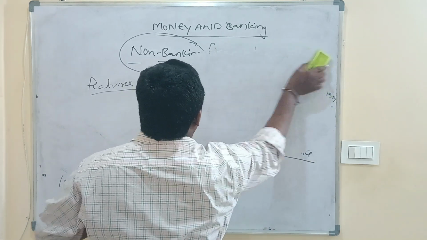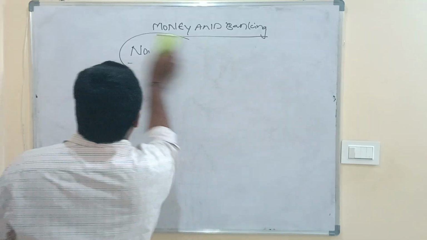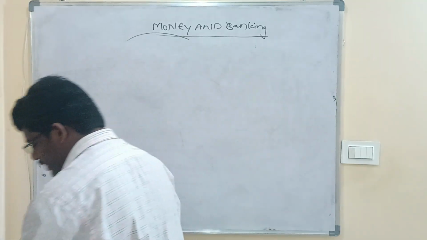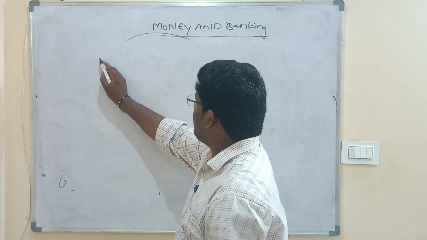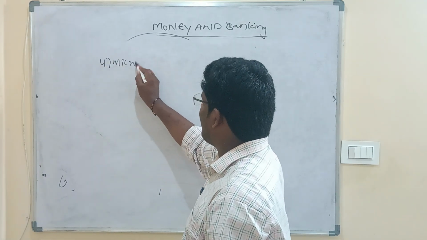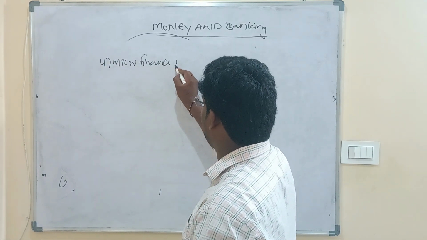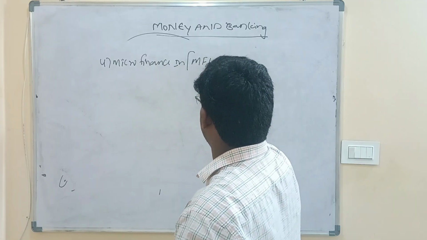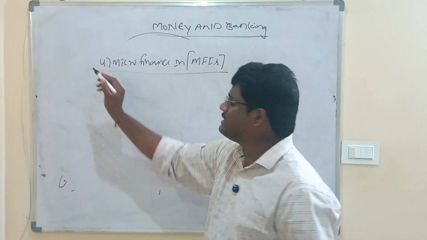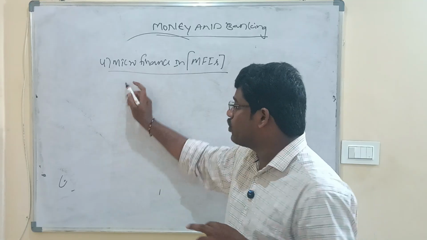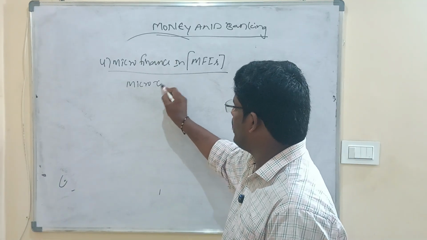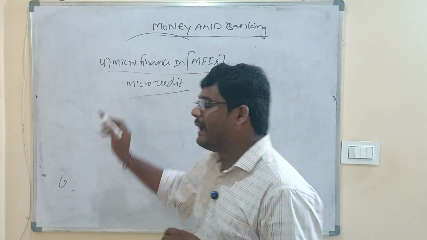In fact, the list goes on. The fourth loan giving NBFCs we can write as microfinance institutions, which we can call MFIs. Microfinance institutions provide microcredit. What does it mean? Micro means small.